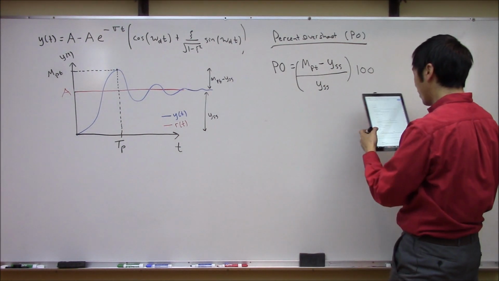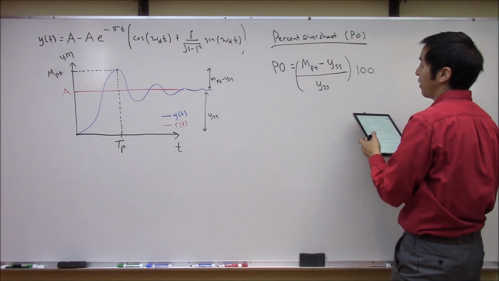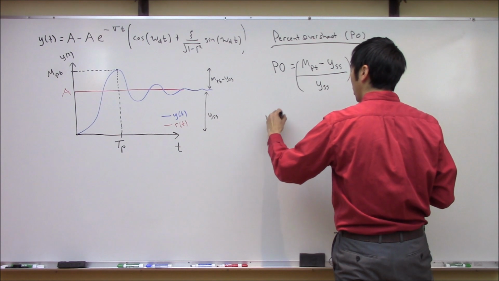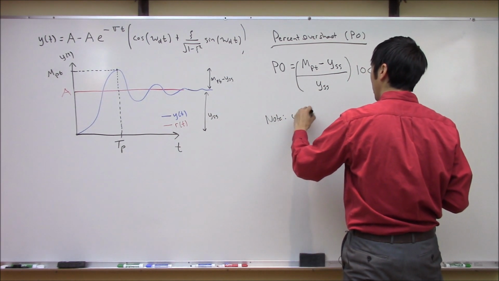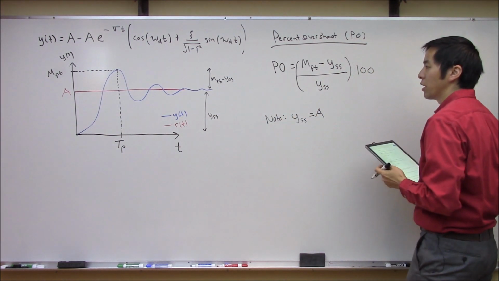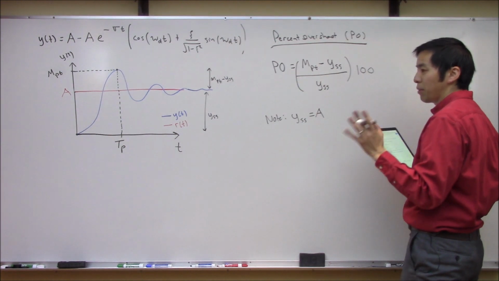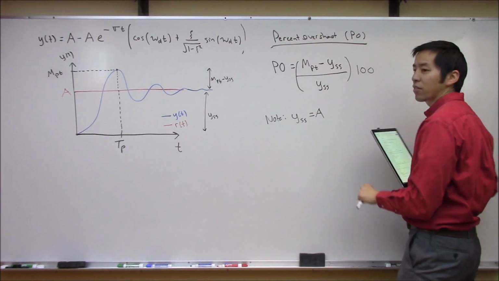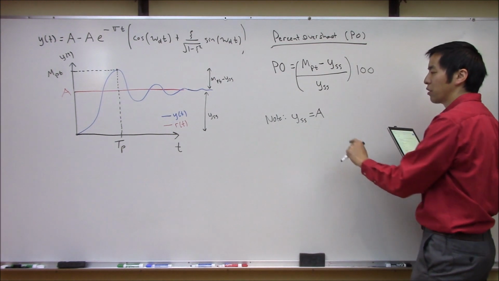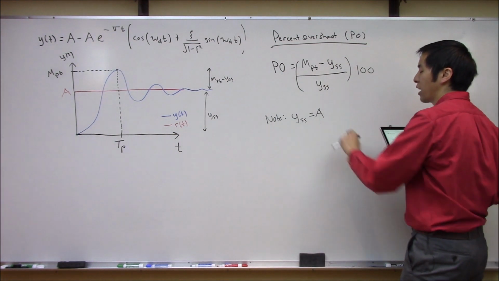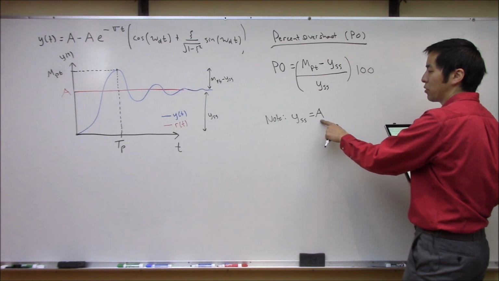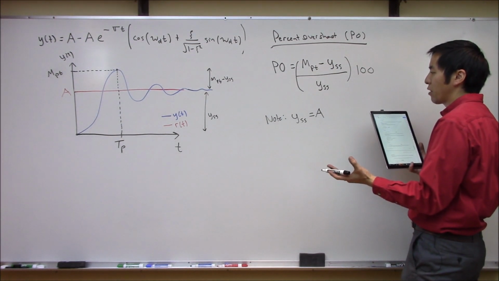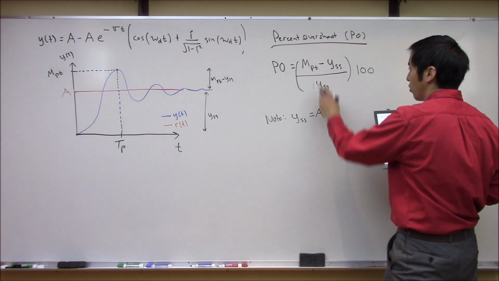Okay, so if this is the case here, what do we have to do? In this particular situation, we make a note that Y steady state is equal to the amplitude A. Let me belabor the point: this is for our particular case, although the analysis we're doing will work for any situation where you might not have a steady state equal to the amplitude of your function. We're just using that scenario because it makes the math a little bit easier. So let's plug all of this in.